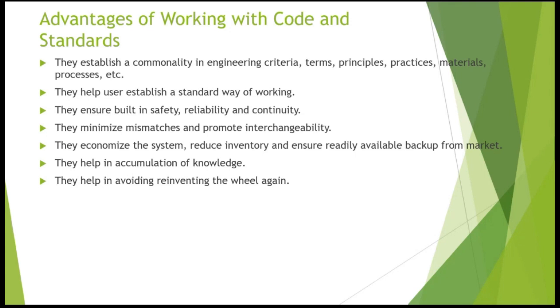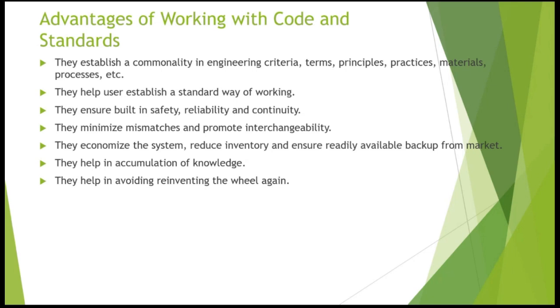They ensure built-in safety, reliability, and continuity. We must have observed that there are a few cases of accidents and blasts in the chemical industries, be it a chemical plant, small or big, catching of a fire for some equipment, the blast of a boiler.